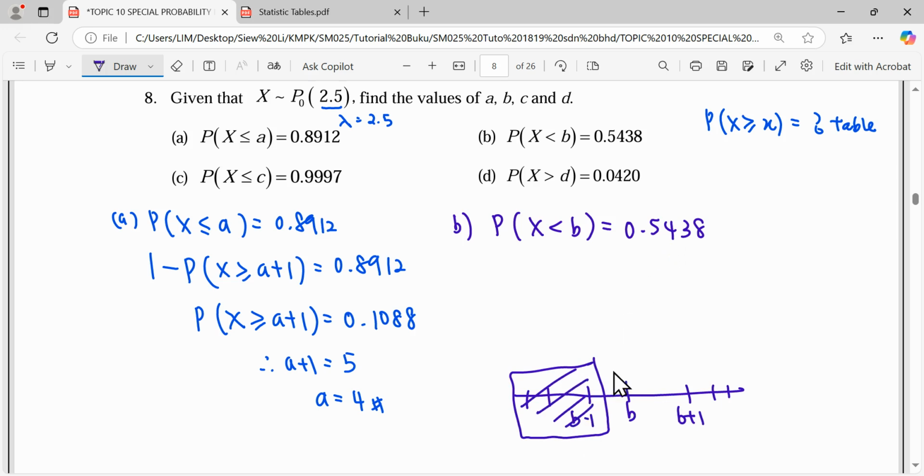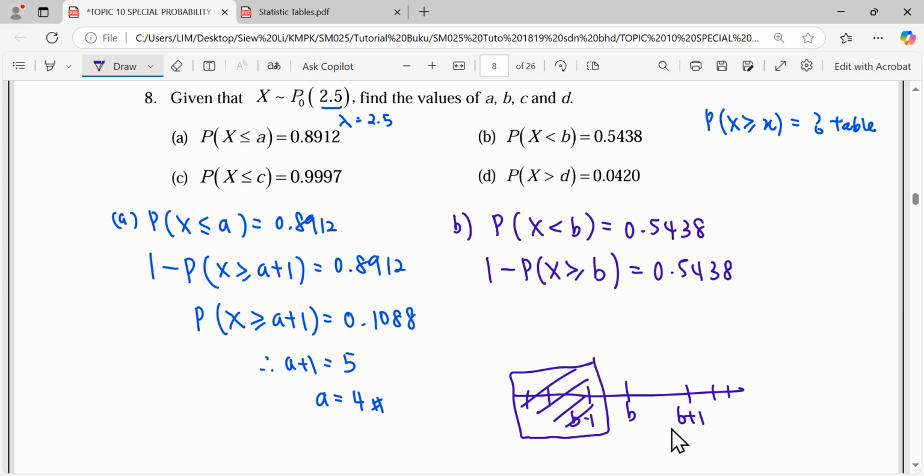When I want to get this region, it means overall 1 minus P(X ≥ b). So when you have less than b, not included, I can start with b to get this region 0.5438.